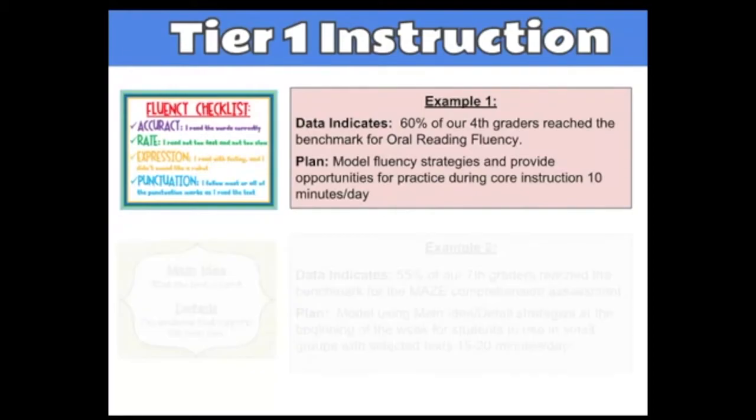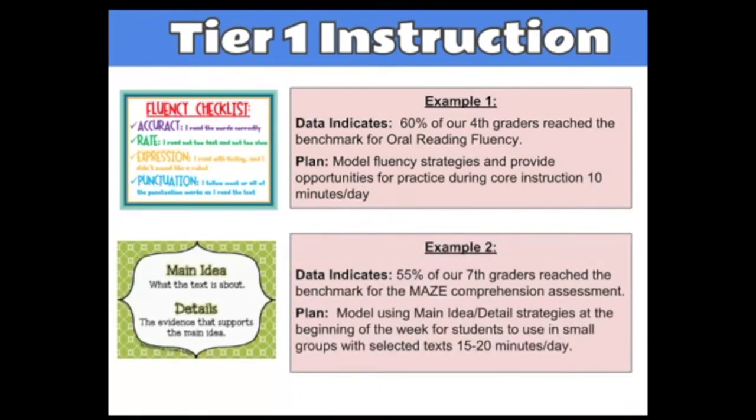Another example of a Tier 1 instructional plan that responds to data would be if data indicates that 55% of our 7th graders reach the benchmark for the Maze Comprehension Assessment, which would indicate that a number of our students need foundational comprehension skills addressed in order to be able to acquire 7th grade core literacy instruction.